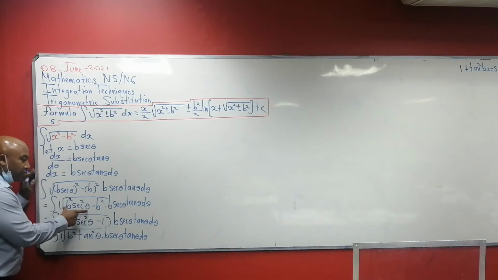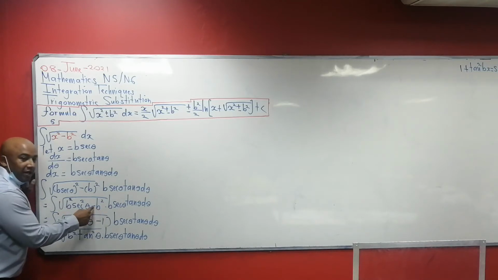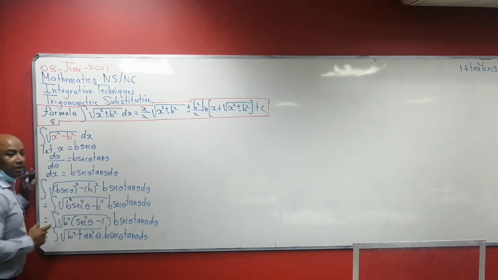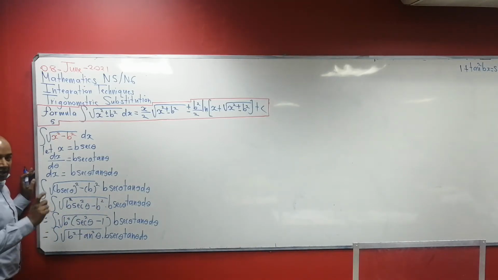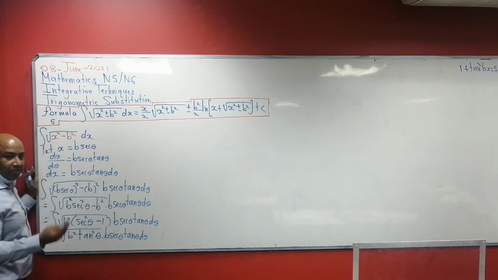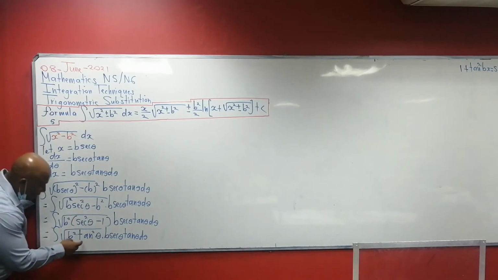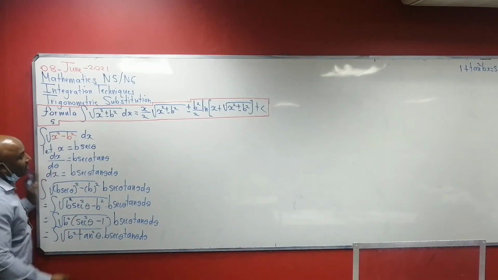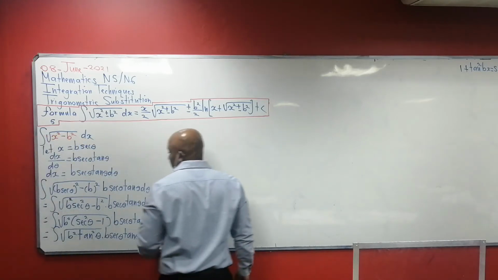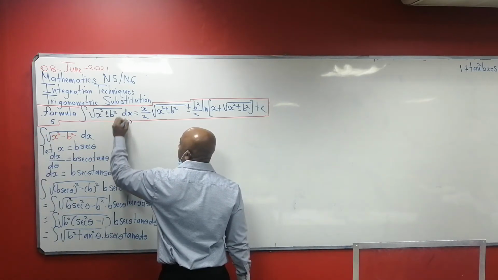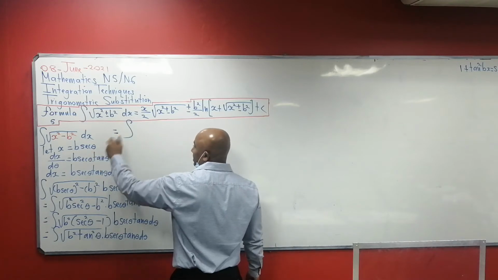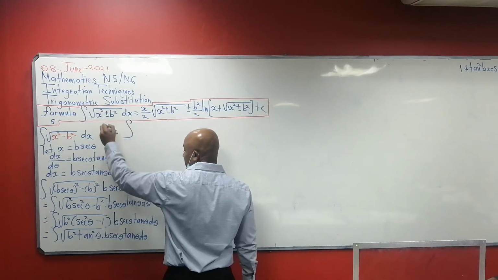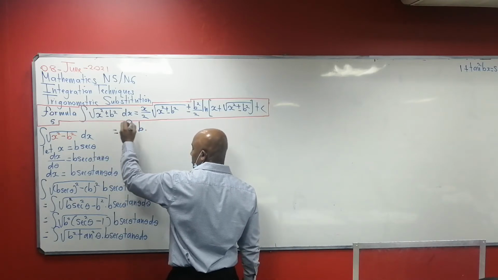And now, what the whole idea here was, we had two terms. We could not find the square root here and the square root there because of the minus sign separating the terms. If there's a minus or a plus, you cannot go and apply exponent laws. It only works for multiplication and division. Alright, so now it's just one term, I can find the square root. So this is equal to the integral of the square root of b squared, which is b, the square root of tan squared.